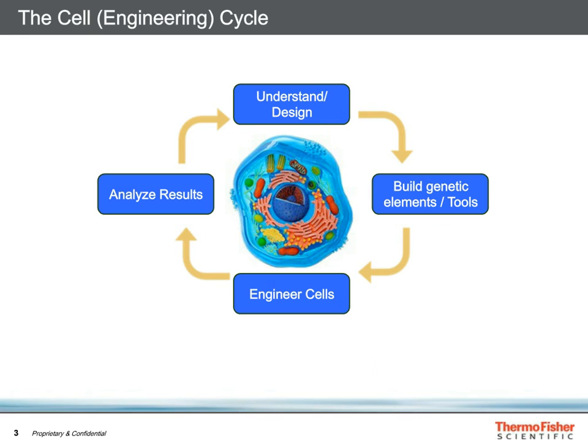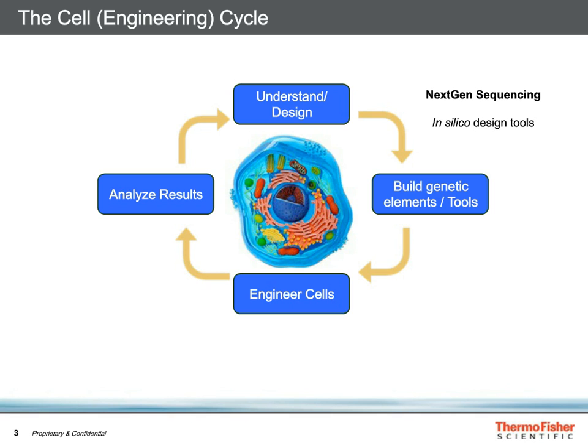So if we look at the cell engineering cycle, as we call it, as a synthetic biology group, we look at it as a type of design, build, and test model. So first, if we have our cells, we want to understand the issues that confront us or what type of experiments we want to do. One of the main drivers I'll discuss is sequencing. So next-gen sequencing is providing volumes and volumes of data as to what the genetic makeup of particular cell lines might be.